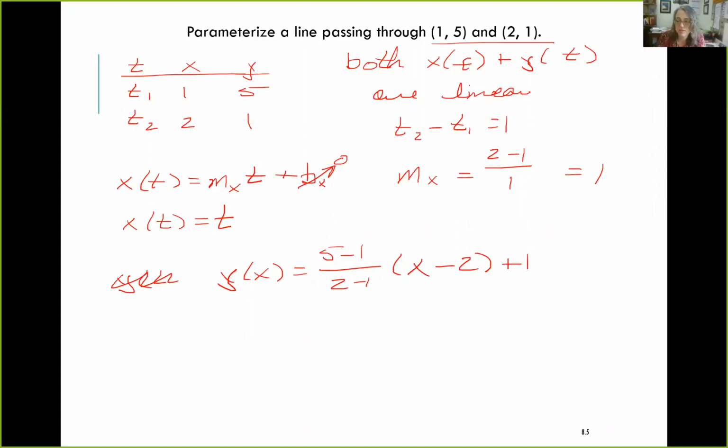I'm using the point slope form of the equation of a line. So y of x equals 4 over 2 is 2, x minus 4 plus 1 is minus 3. We've already said that x of t equals t. So y of t is 2t minus 3.